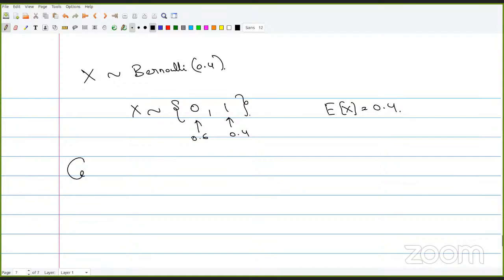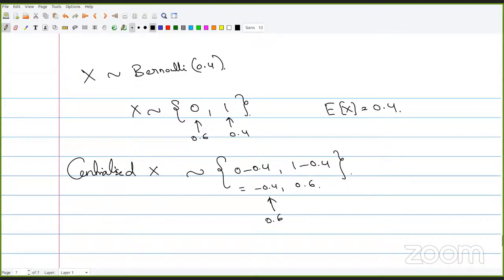This is called centralization, centralized x. So centralized x takes 0 minus 0.4 and 1 minus 0.4, which is minus 0.4 with probability 0.6 and 0.6 with probability 0.4. If you compute the expected value of this centralized x, it will give minus 0.4 times 0.6 plus 0.6 times 0.4, which will be 0.